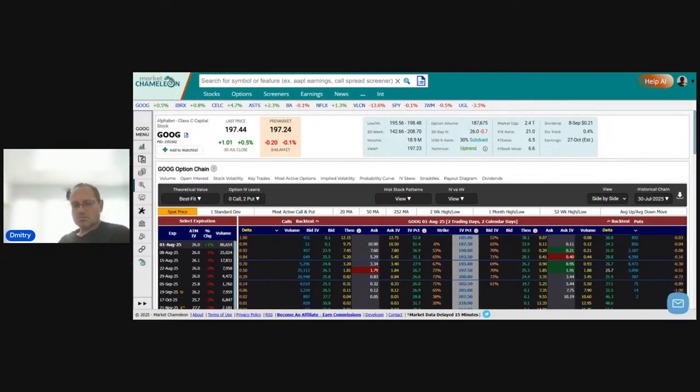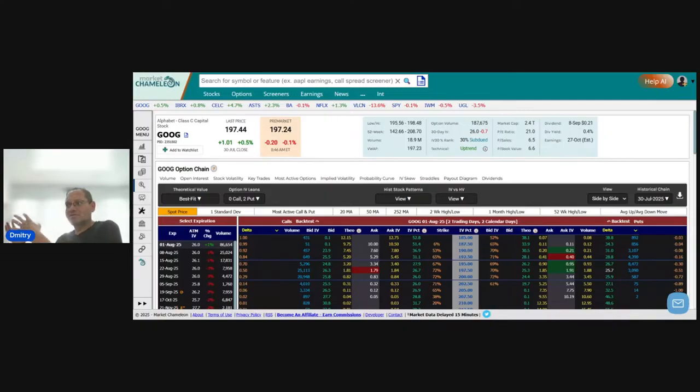So when we talk about implied volatility, where does the implied volatility come from? Because the Google stock doesn't have an implied volatility itself. The implied volatility actually comes from option prices, right?